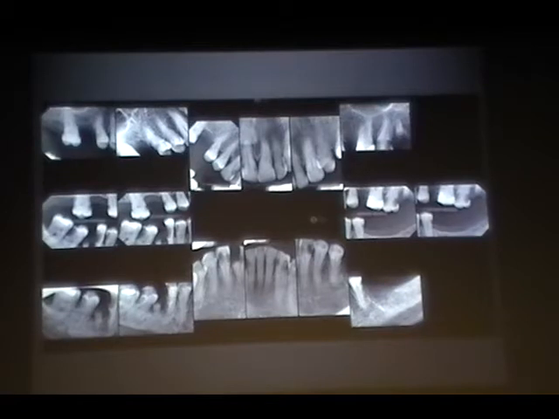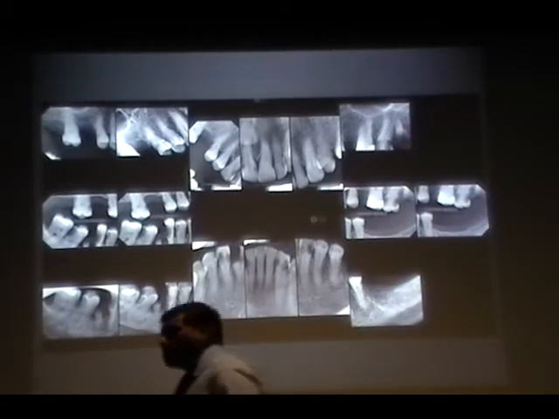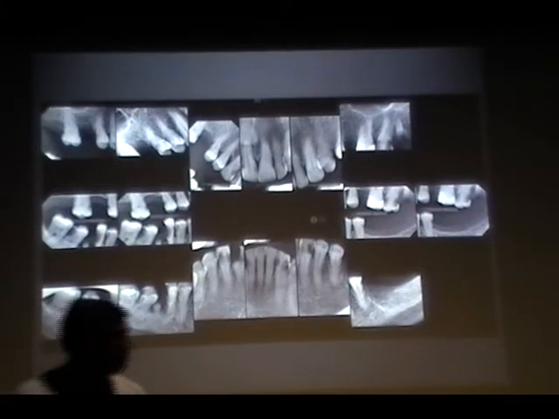So is that a good thing or not a good thing? In bitewings, we generally don't expect to see the apices. You want to capture only the occlusal portion of the teeth because that's where you want to diagnose the interproximal caries.